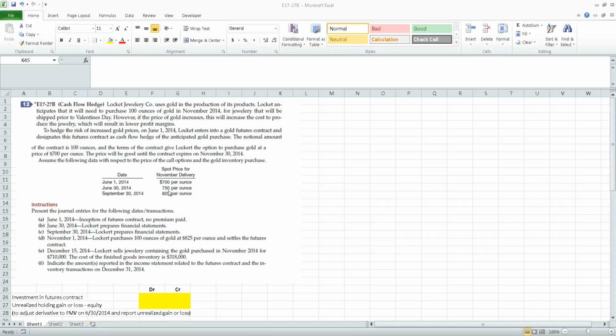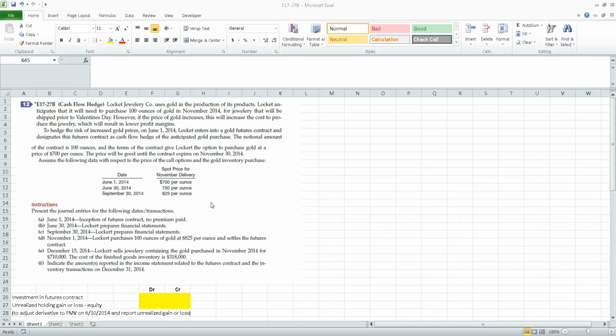Now our futures contract gives us the right to buy gold at $700 an ounce. So this futures contract has a value to us of $50 per ounce: $750 minus the option price of $700. On September 30th, 2014, the spot price of gold has gone up to $825. Now the value of this futures contract to us is $825 minus $700, or $125 per ounce.